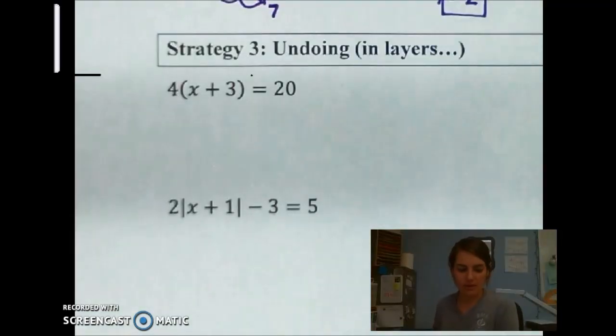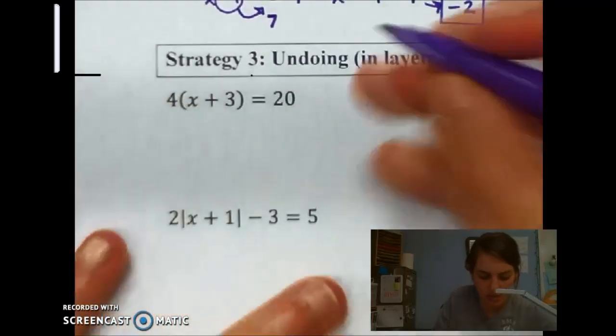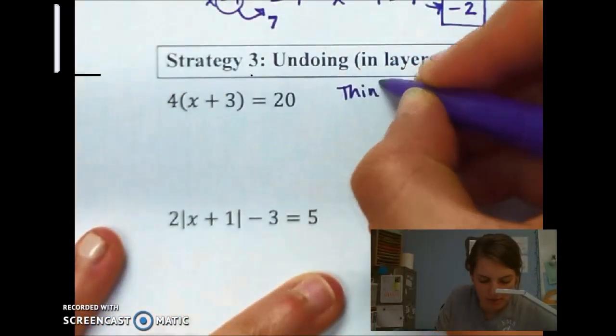All right, and we're about to go over the third strategy, which is undoing. So to think about this, we need to think about the variable. Think about it this way.